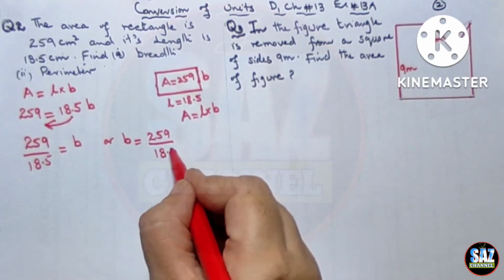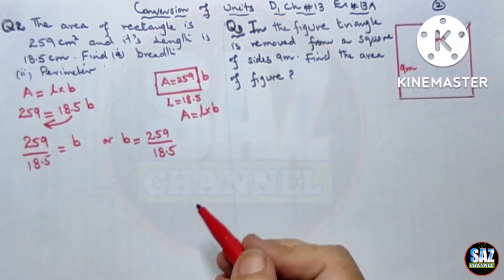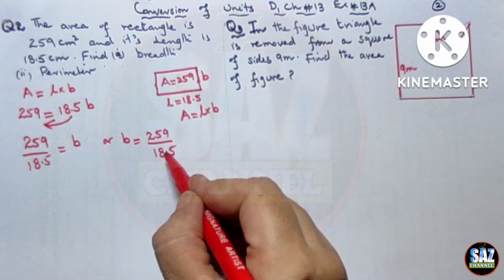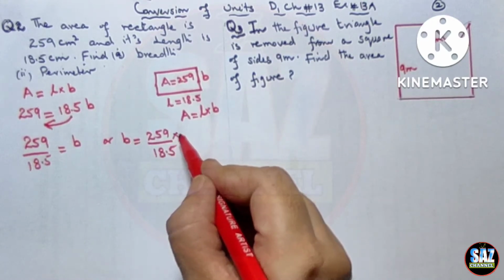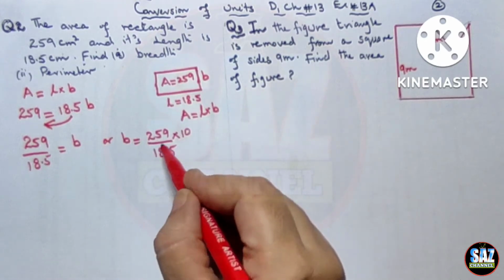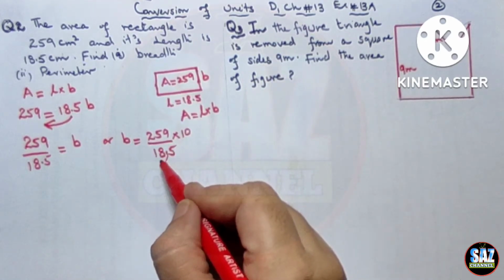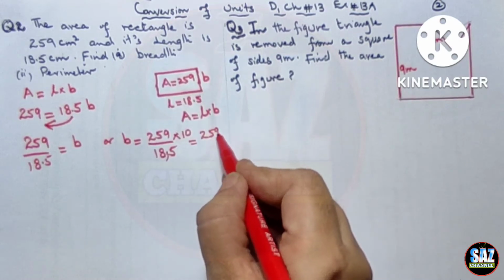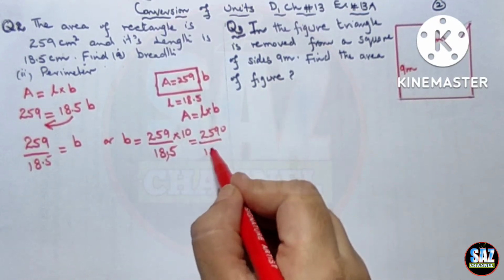The problem is that we have to solve this question without a calculator. So we can remove the decimal. When I remove the decimal, it will become 259 multiplied by 10 upon 185. So this will become 2590 upon 185.